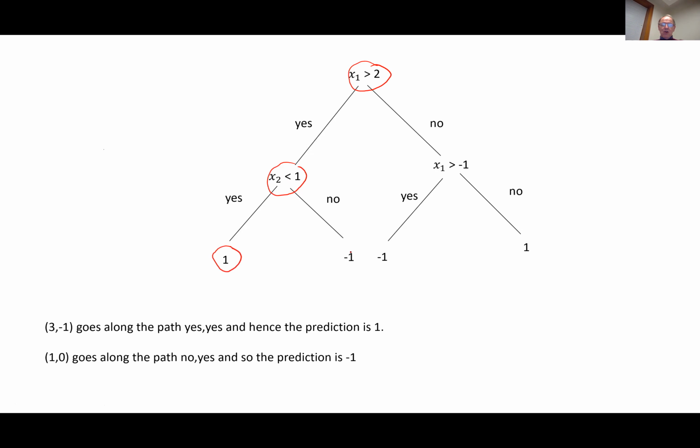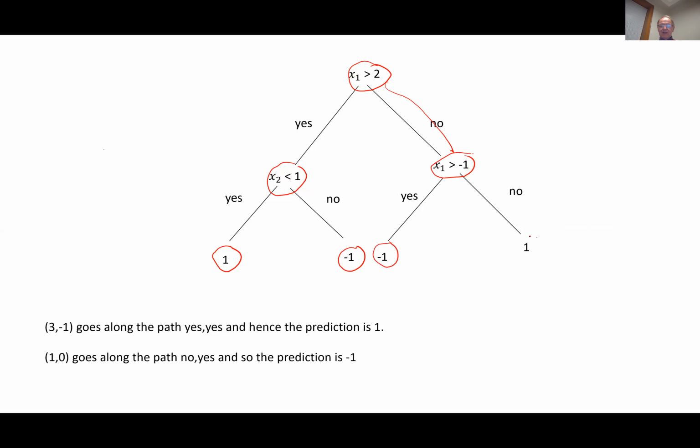If no, so if x2 is bigger than or equal to 1, then we end up in -1. The other side of the tree is that if x1 is less than or equal to 2, then we go down this path here, and we have a question here deciding which branch to take.